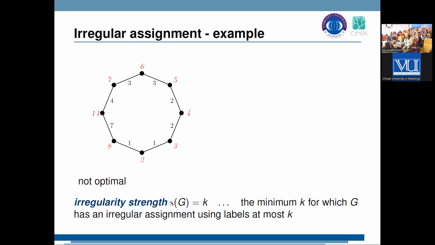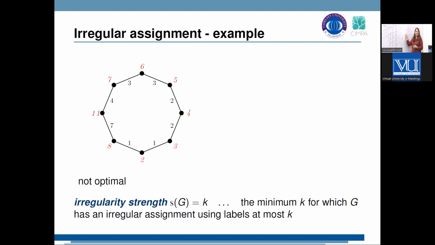And now we would like to get a labeling with maximal vertex weight 9, so that this graph is irregular. So how can we get 9 as a sum of 2 integers? 4 plus 5. Yes. So we have the lower bound for the irregularity strength of this cycle. It's 5.